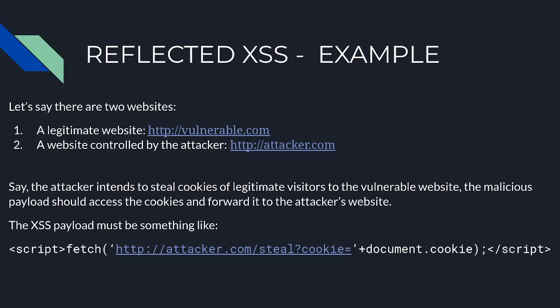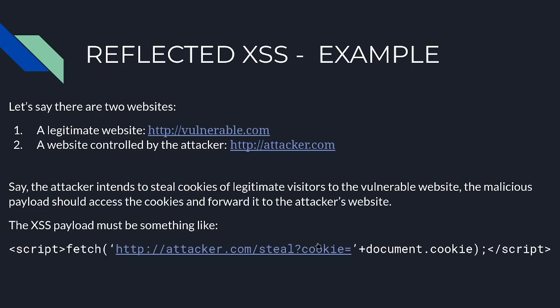In case there's a website in which many users are already authenticated, and in case the attacker has access to the cookies, they could simply try logging in with this particular cookie. And also, like I said previously, this would work only if the website relies solely on cookies to authenticate its users. Then, in this case, the relevant XSS payload must be something like fetch with the attacker's website and document.cookie.